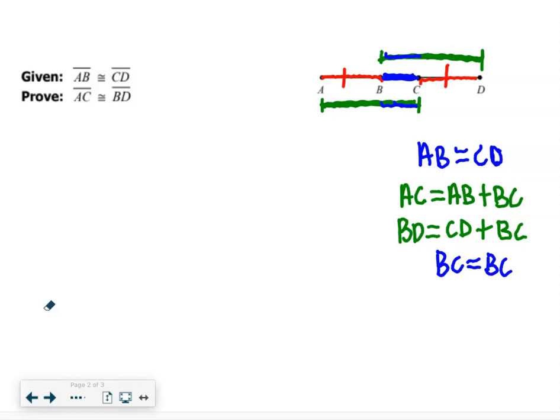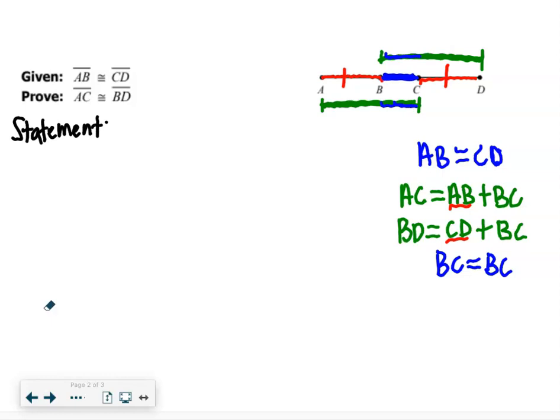And we already know the two red segments, AB and CD, are equal to each other. So logically, AC is equal to BD, right? They're made up of the same parts. Now let's try to formulate a proof to see if we can correctly prove this.